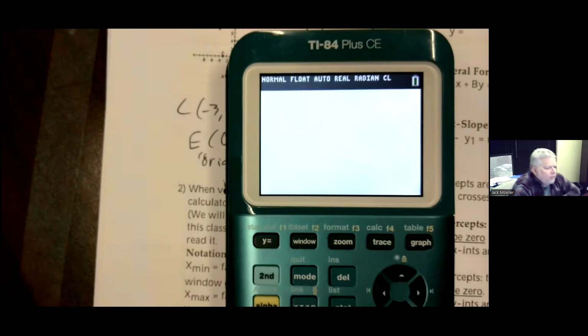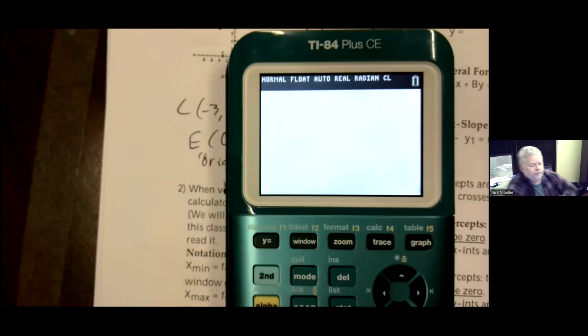If you have pretty much any version of a TI 82, 83, 84, all these basically work the same. If you have anything like the Inspire, the higher you get, the more extra stuff they have that we're not going to use. For this class, what we're really using the graphing calculator and the Desmos graphing app for is basically just so we can look at our graphs and see what's going on.